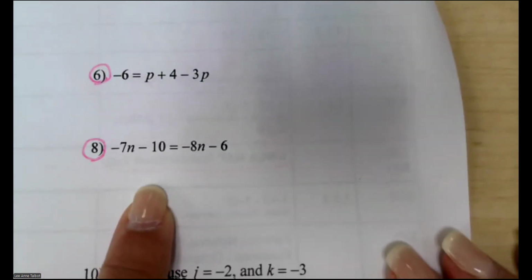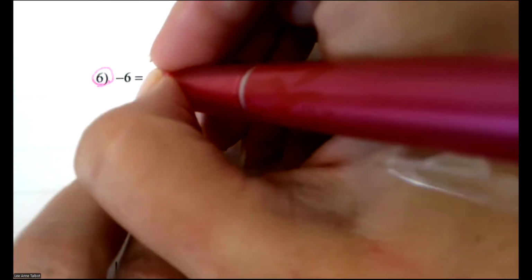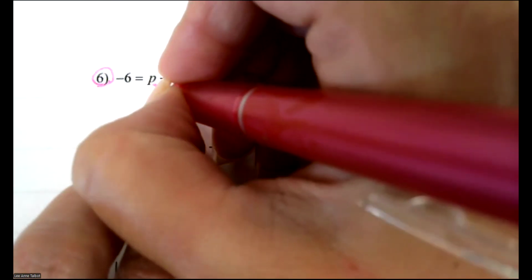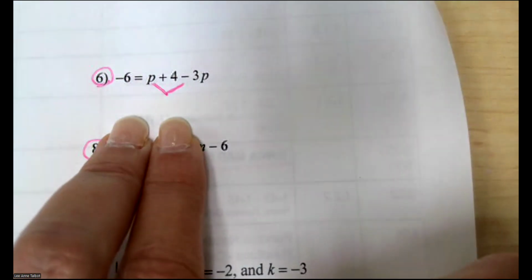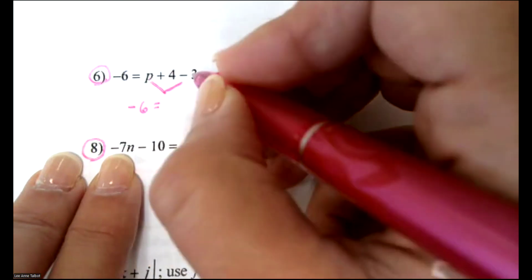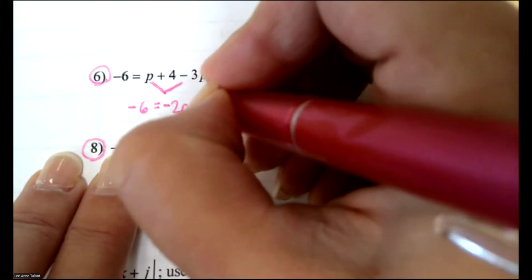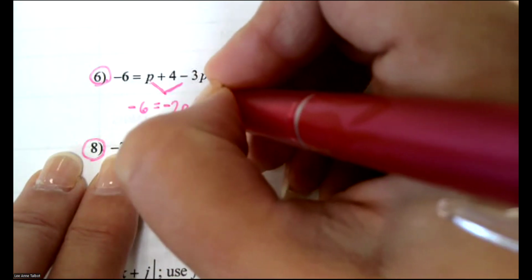Okay, so number 6, I noticed that there are like terms on the right side. So I make my little arrows to show that I'm going to combine those. And I have -6 equals P minus 3P is -2P plus 4.